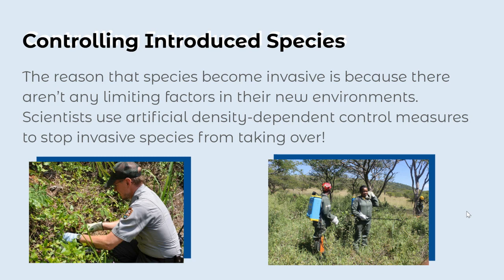Things like kudzu and zebra mussels, which we'll probably talk about later, are considered invasive species, meaning they are just in a period of exponential growth because they don't have any natural predators or natural limiting factors. So scientists will either spray specific pesticides, or they'll specifically target and pull out the new species, or sometimes they will introduce predators to control a species.